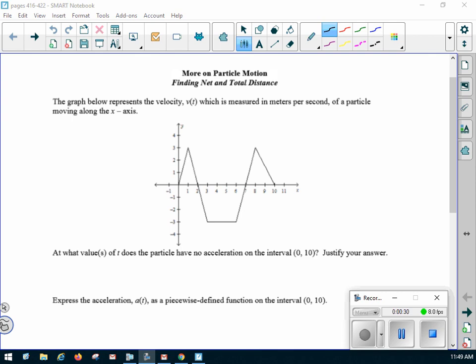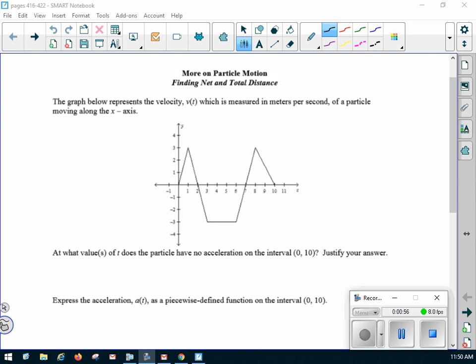Now, I'm going to try to explain net distance versus total distance in terms of distance. So this afternoon, I need to go to Walmart, the one right over there. But I forgot my wallet. No, I really didn't. I don't have to go to Walmart. I did yesterday. So I have to go home, which is that way, and then back to Walmart.